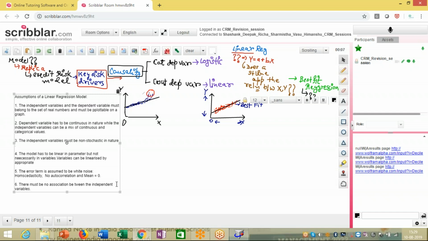Right? So these are the 6 most important assumptions of a linear regression model.